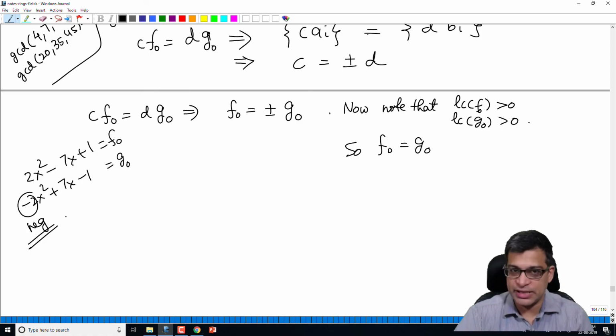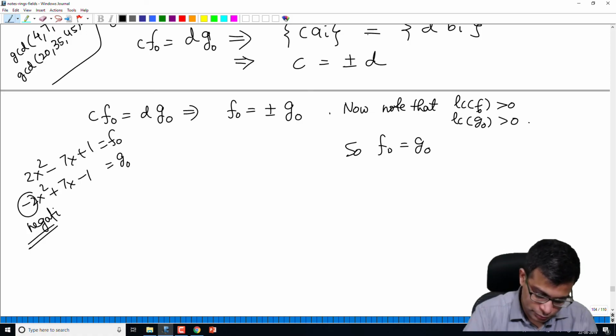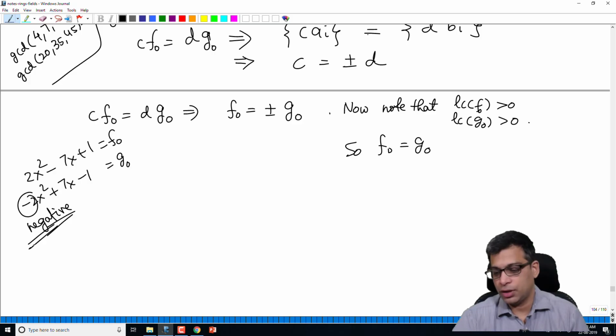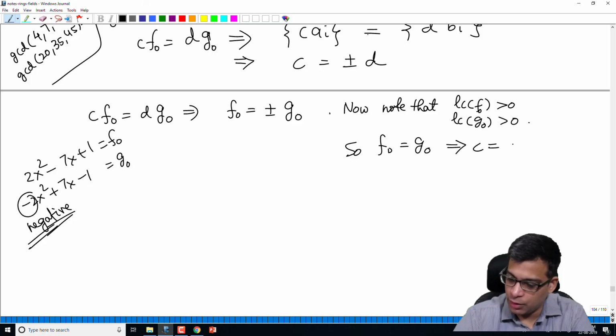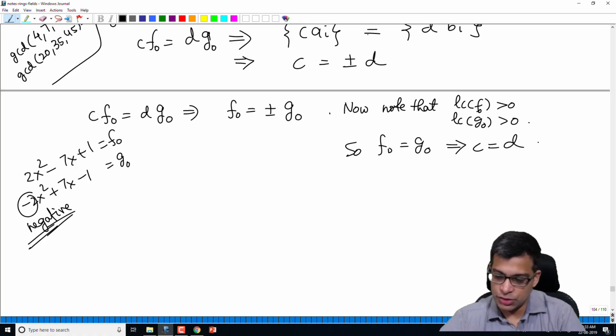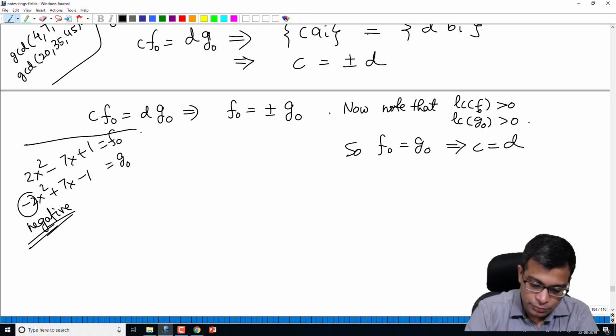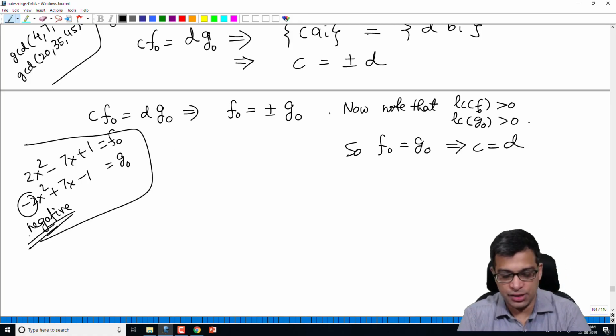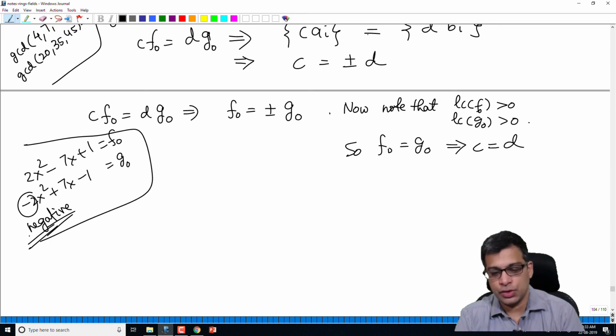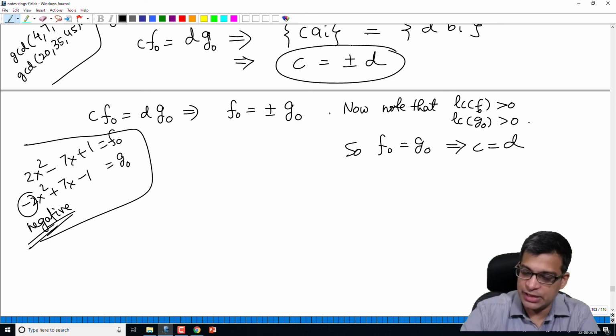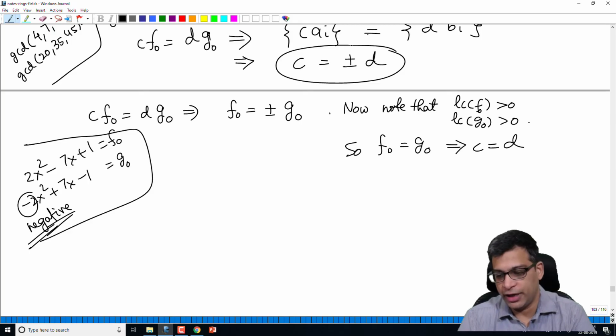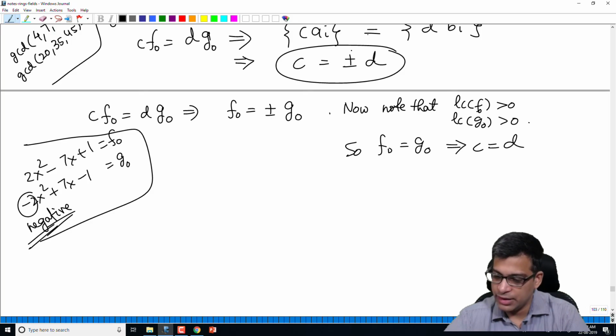So F0 must be G0. Okay, so F0 is equal to G0. Once this happens, C equals D also, because CF0 is equal to DG0. F0 and G0 are the same, so C and D are the same. So originally we said C and D are possibly negatives of each other, but that cannot happen. We have concluded that C equals D.